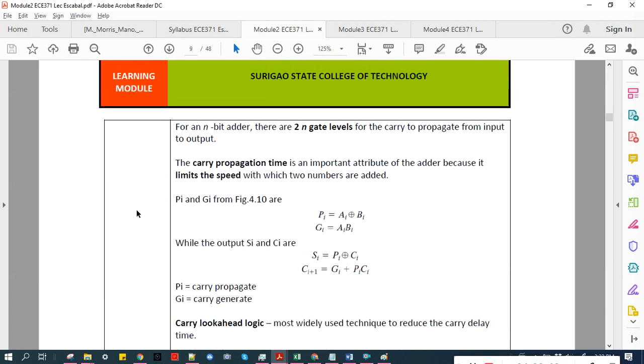We have already discussed that from the previous module. We need to consider the propagation delay of the logic gates. And here, the most important is the propagation delay of the carry because it will be the last output that is to be evaluated. It depends on the previous carry values.